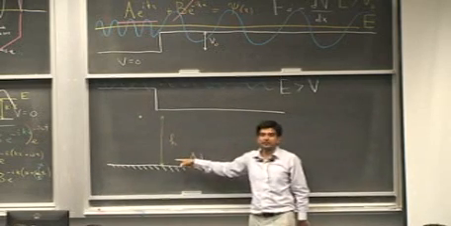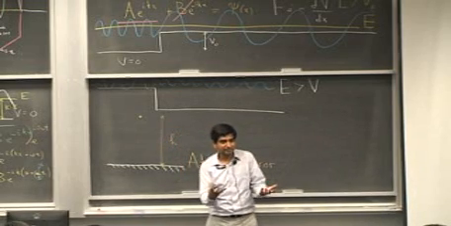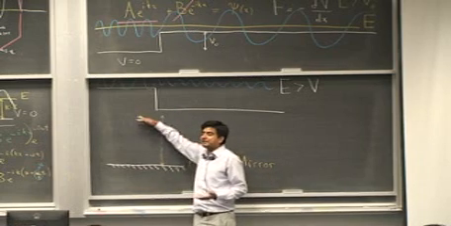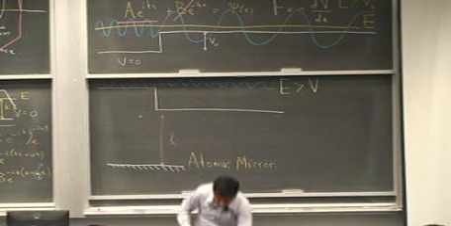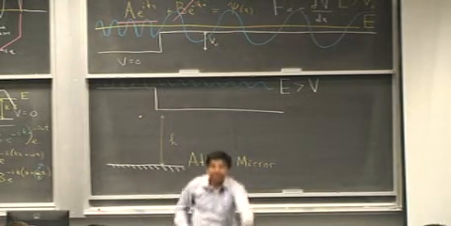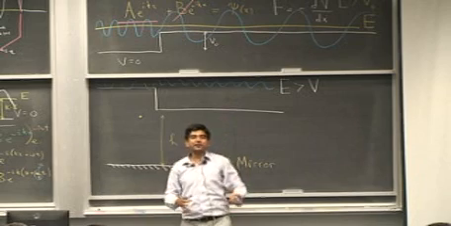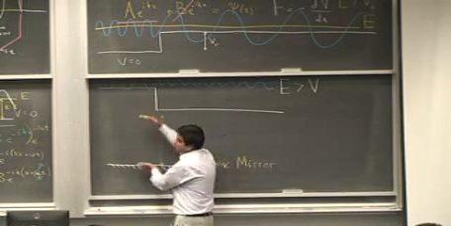So this is an atomic mirror, and this atom is being affected by a force of gravity. I would like you to plot what the wave function of this atom is going to look like. So it's at a certain height, it falls to the ground, rebounces, comes back up, falls back. So this atom is in an oscillatory motion. I would like you to plot what the wave function of this atom looks like inside this region.